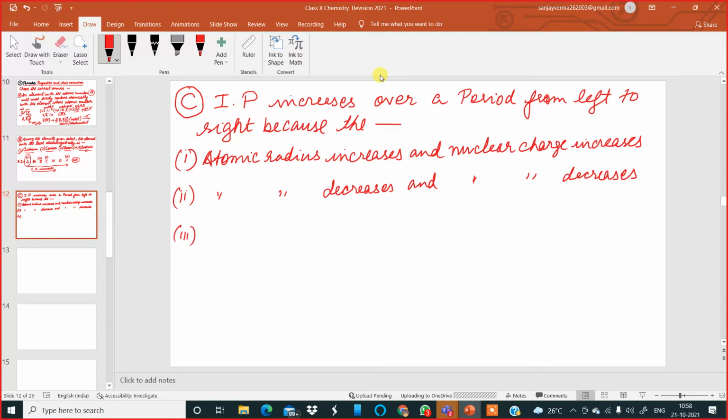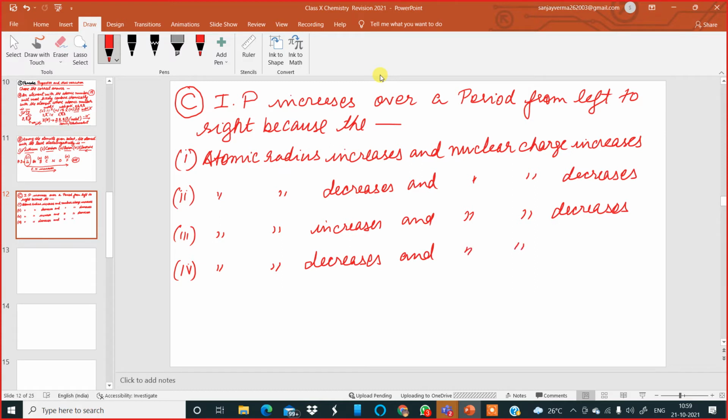Third option: atomic radius increases and nuclear charge decreases. Then option 4: atomic radius decreases and nuclear charge increases. So these are the 4 options.